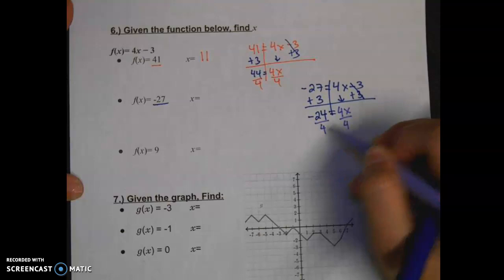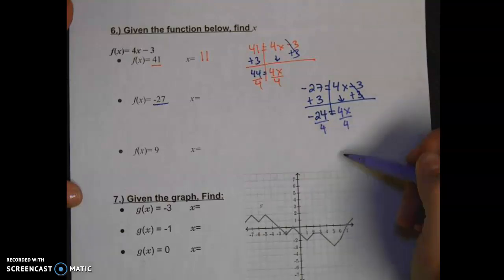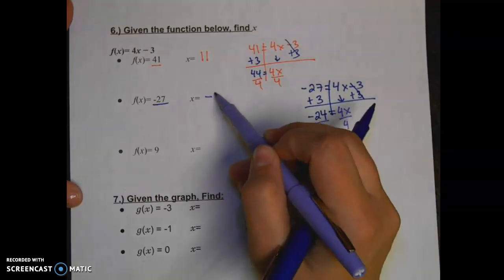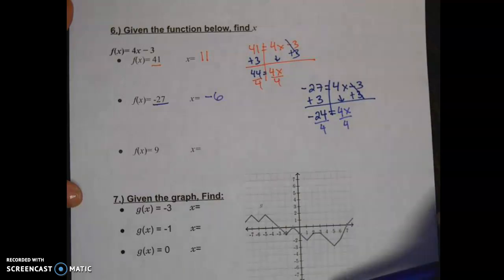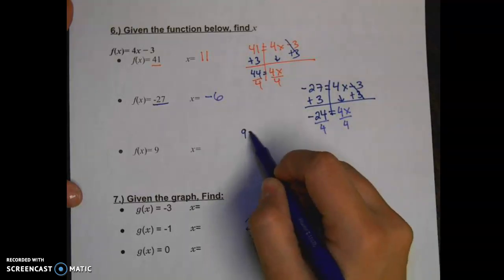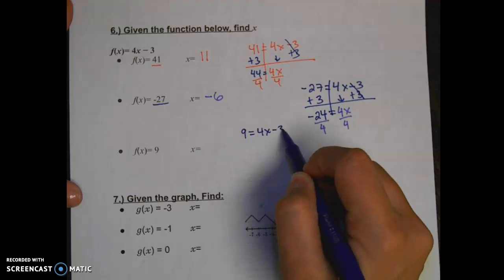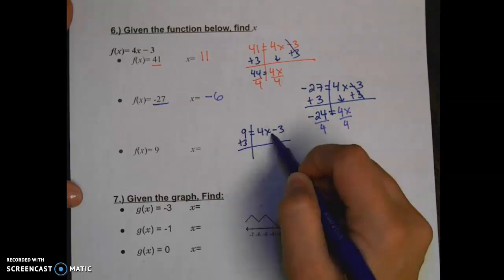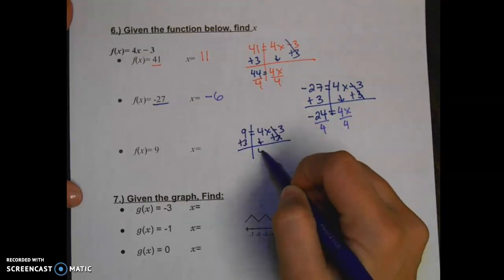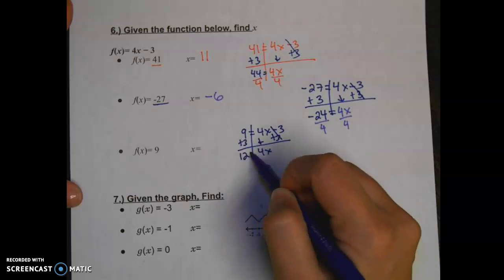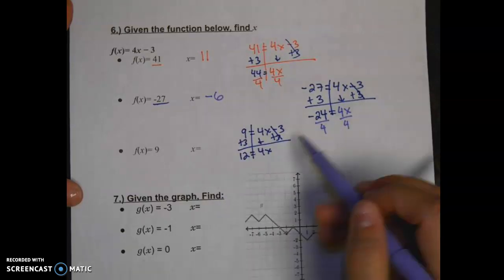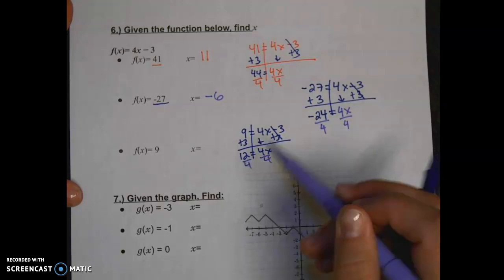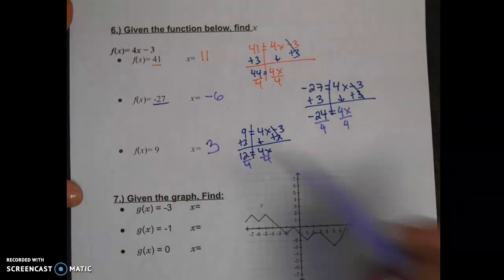Again, divide by 4. A negative divided by a positive is a negative, so I have negative 6. And the last one, so 9 equals 4x minus 3. Add that 3 over. So then you have 12. And divide by 4. Woo! So 12 divided by 4 is 3.